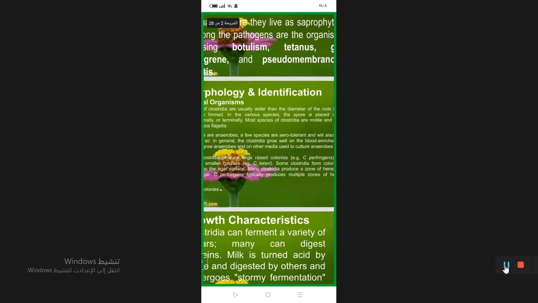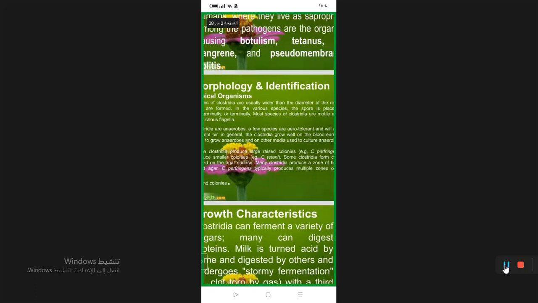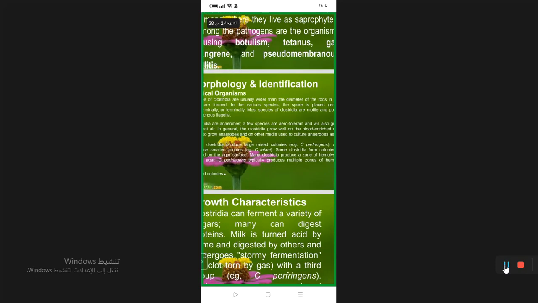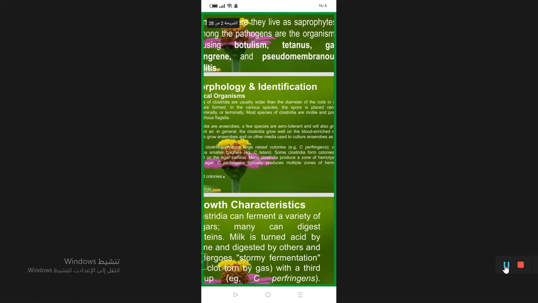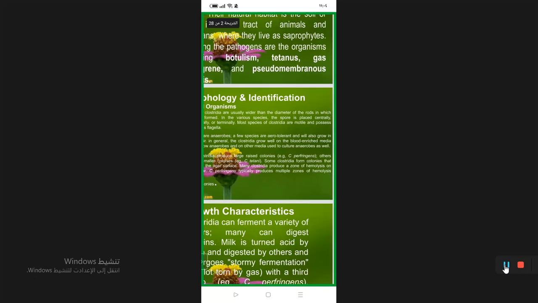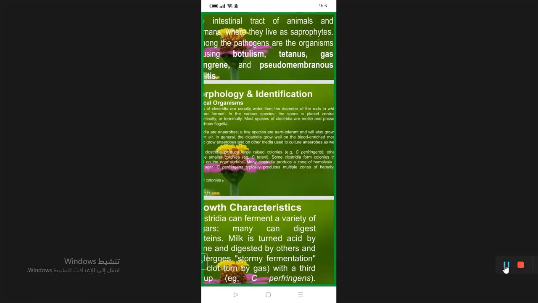In general, Clostridia grow well in blood-enriched media in anaerobic conditions and on the media used to culture anaerobes as well. طبعا اكو ميديا خاصة تستخدم لتنمية البكتيريا اللاهوائية مثل الثايكلايكوليت، ولكن أي أوساط زرعية تحتوي على الدم ممكن أن تساعد على نمو هذه البكتيريا.